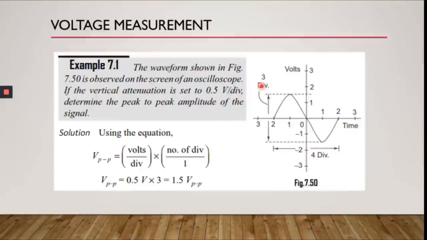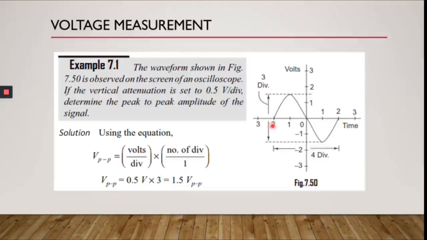So in total we have 3 divisions on the vertical axis. To calculate, we simply multiply 0.5 volt per division with 3, which is the peak to peak distance. So we get 1.5 volt peak to peak.